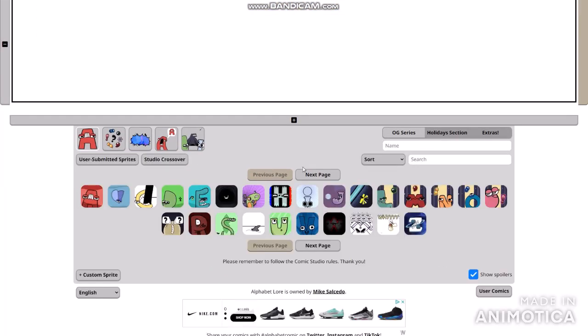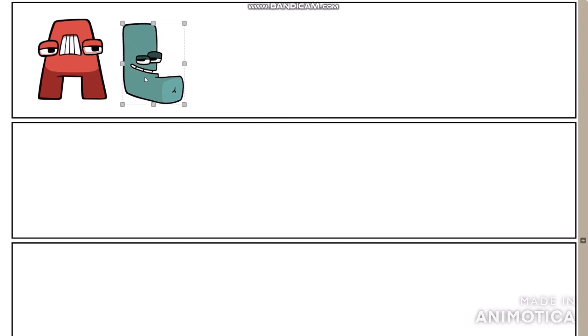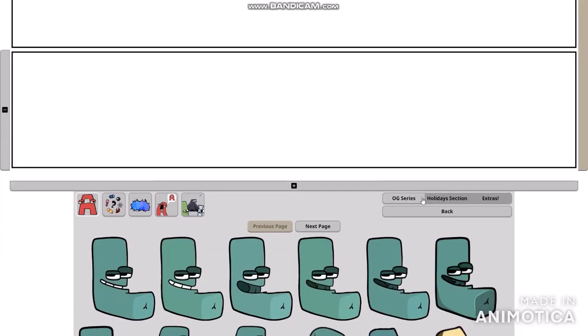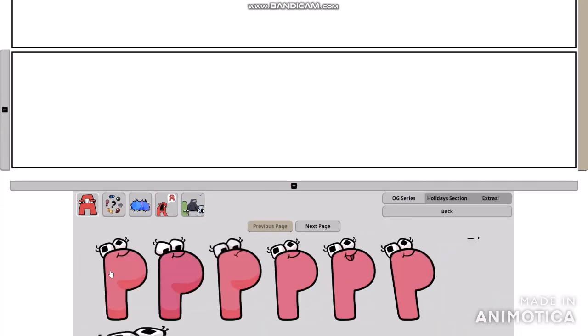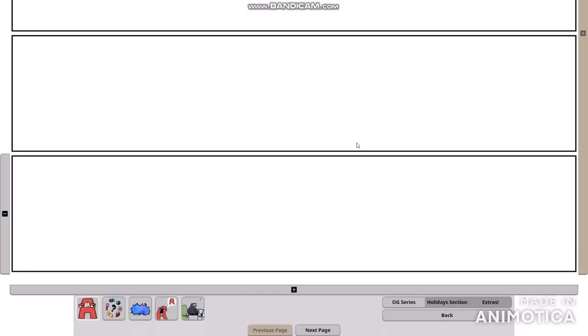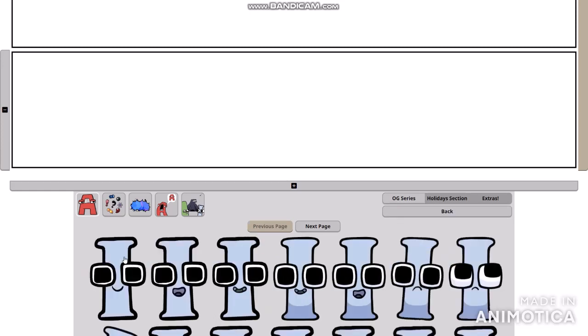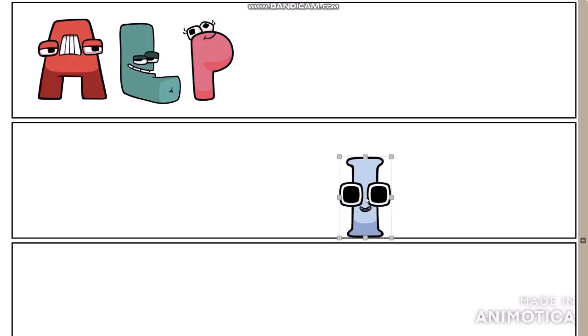Yes, I am probably going to do so. I'll be finding the letter L, and this isn't going to be perfect. And this is going to be the letter P, I, N, E. And this is going to be eventually really perfect.